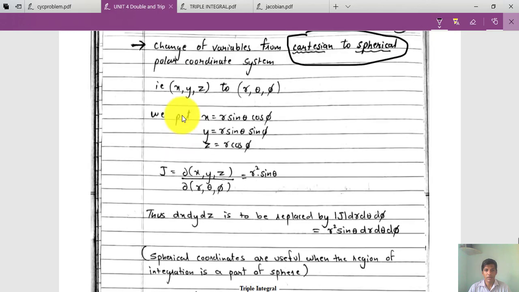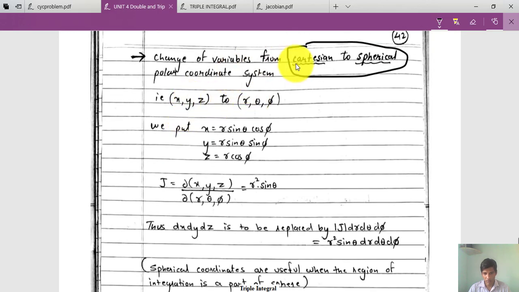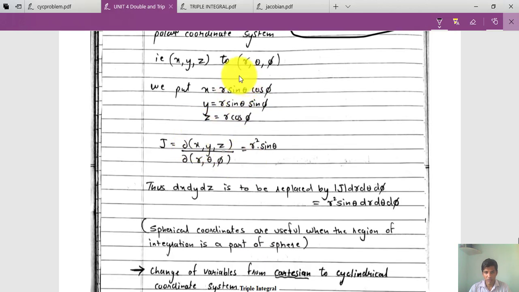But now if we take x, y, z to spherical polar coordinates, then x equals r sin theta cos phi, y equals r sin theta sin phi, and z equals r cos theta. Therefore by taking the Jacobian of this, we finally get r squared sin theta.